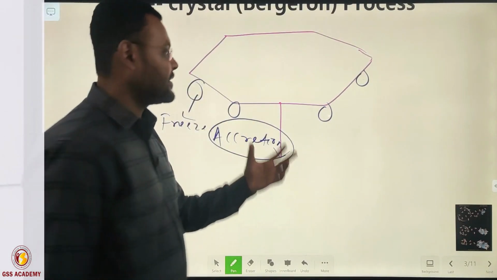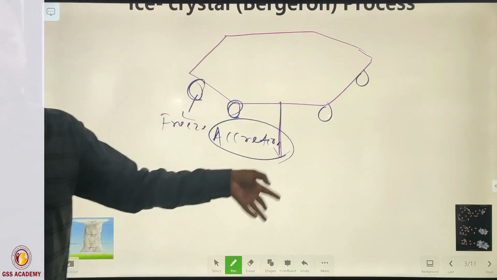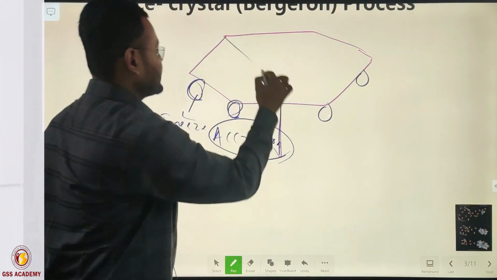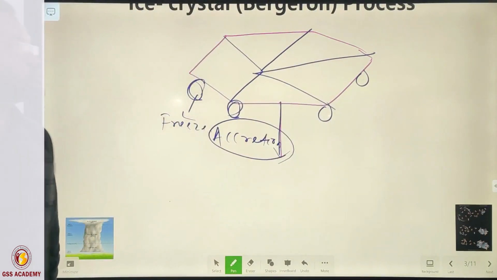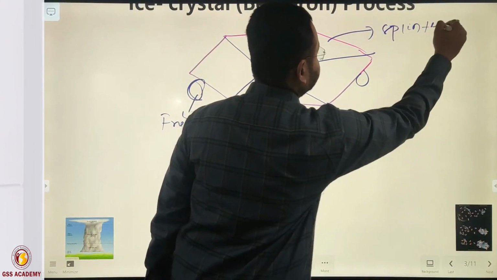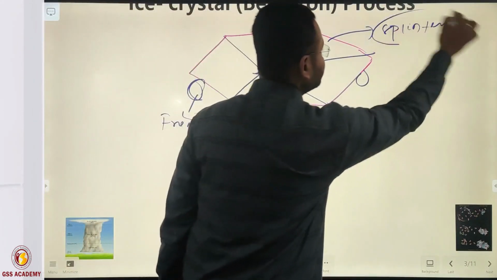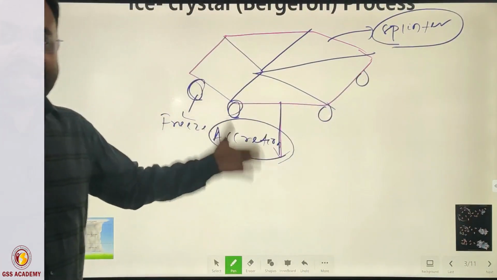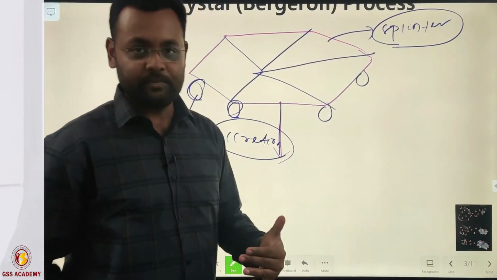However, sometimes after colliding with this supercooled liquid during the fall, the ice crystal may break into pieces, and they produce splinters. And each individual splinter may again work as a new ice crystal, and the accretion process initiates.